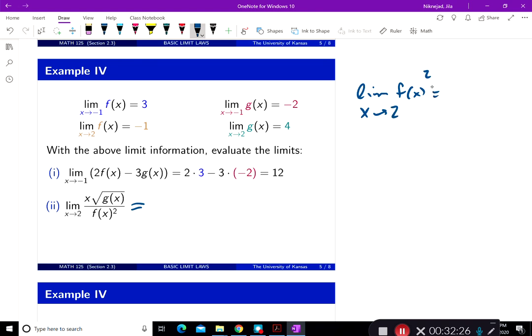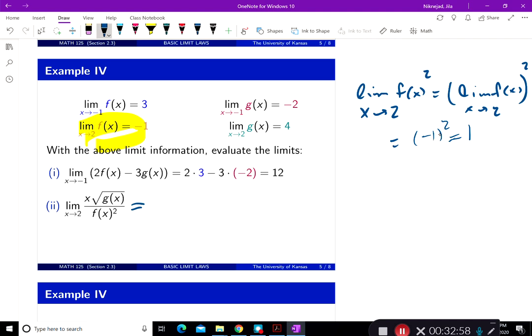According to the exponent law, it will look like this. And so I have to go back and find the limit of f of x as x approaches 2, and that's the one. In here I have a -1, so -1 to the power 2, and that is 1. So the denominator is not 0.